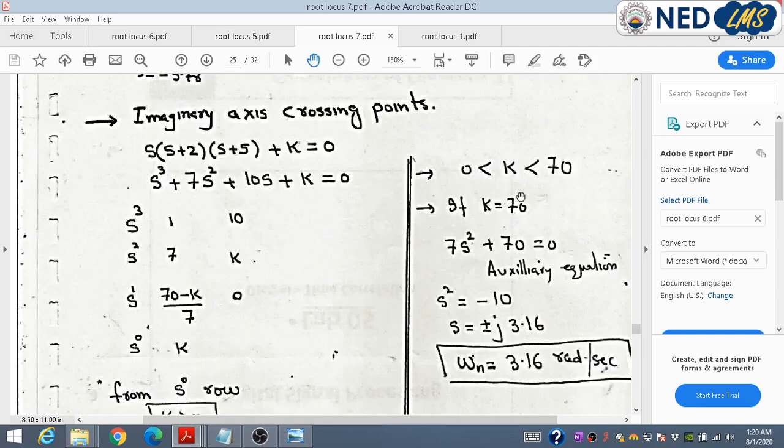So the range for stability comes out to be K greater than 0 and less than 70. Okay, in order to get the imaginary axis crossing point, we have to formulate the auxiliary equation. That auxiliary equation can be written from the preceding row of the row which has all zero elements.